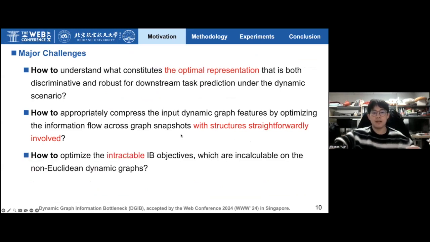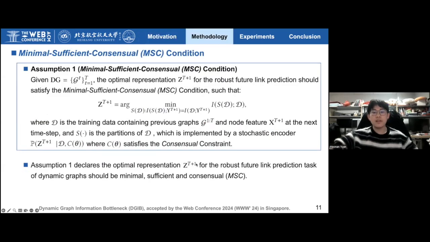And the third challenge is how to optimize the intractable IB objectives, which are incalculable on the non-Euclidean dynamic graphs. So considering the most challenging task in dynamic graph learning, we first give some assumptions of the MSC condition on the link prediction task.